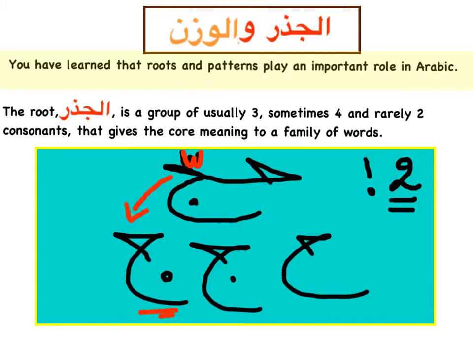It's not a 2 root word. I cannot say this enough. It's not a 2 root word. It's actually a 3 consonant root, and the shadda equals this jim. And this goes for all words with 2 letters and a shadda. The final letter is doubled.